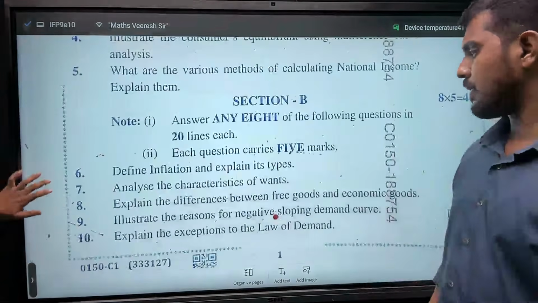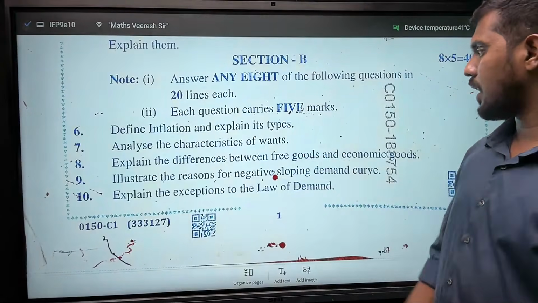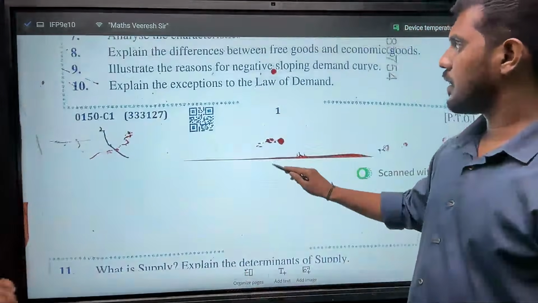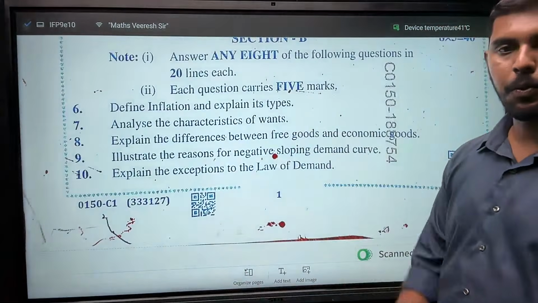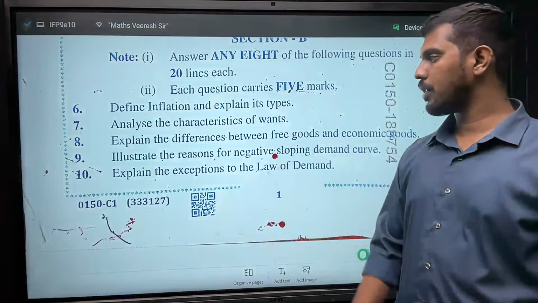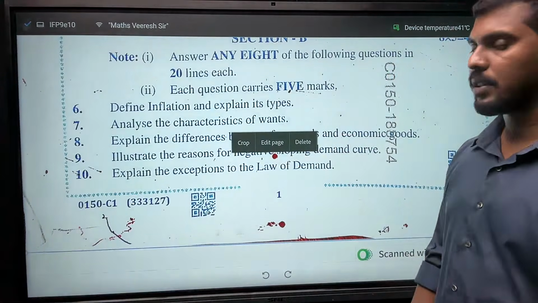Coming to the 5 marks, inflation and its types have been given, and wants have been given, right? In case he gives wants, write down only 5 wants. Don't write down 8 wants, write down only 5. And difference between free goods and economic goods.